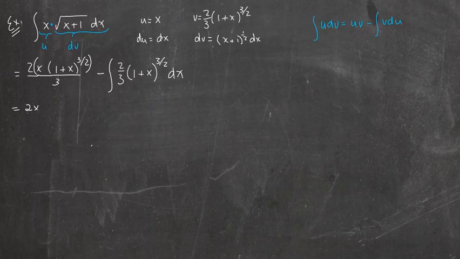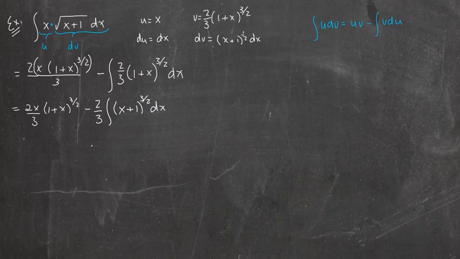I think I'll write 2x over 3, so 2/3 x times x plus 1 to the 3/2 minus a constant multiple, right? 2/3 times the antiderivative of x plus 1, oh, I don't know why I keep switching those back and forth. It's okay, it doesn't hurt anything, dx. Now this is a simple substitution.